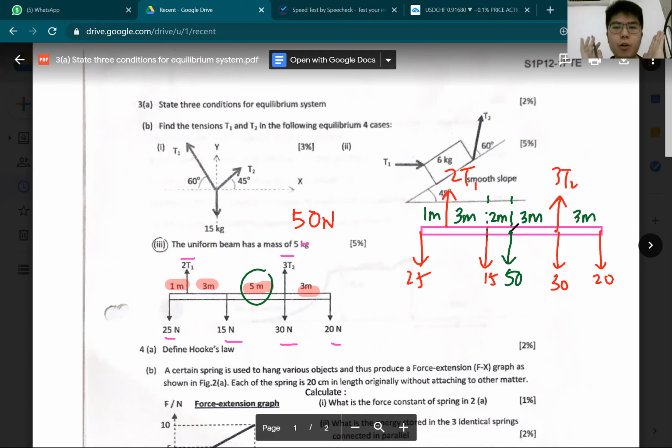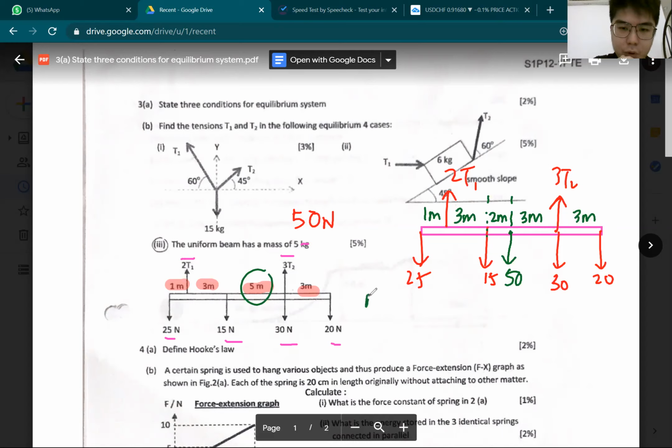Now, after I label all the forces, I calculate. Since this object is balanced, all the anti-clockwise moment is the same as the clockwise moment. So let's find out what is the anti-clockwise moment. When you calculate moment, you have to pick a point.